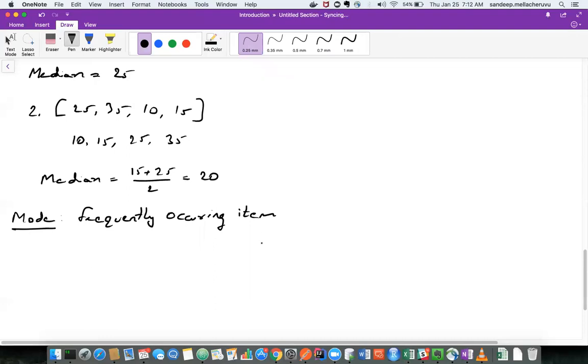And mode is generally used for categorical data.